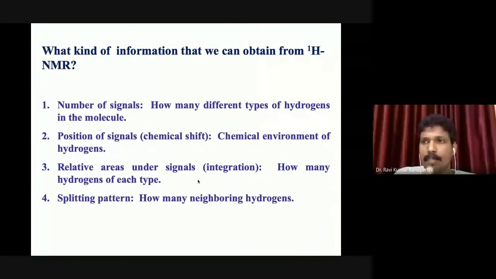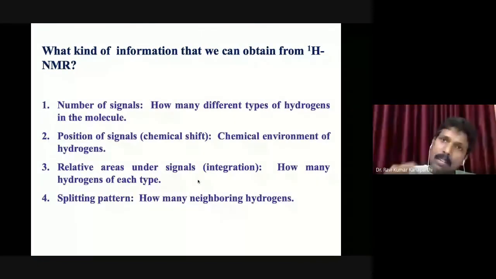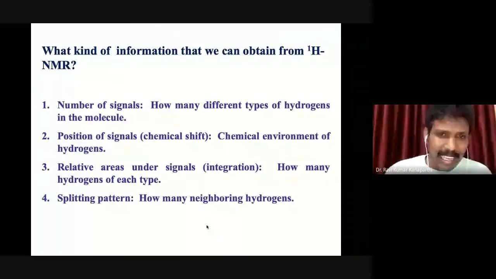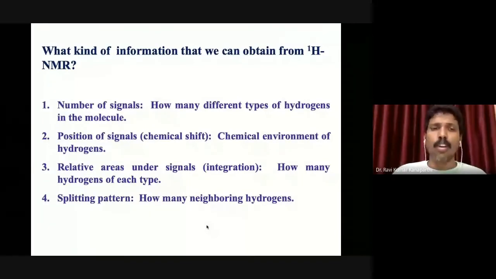Okay, if you have 5 different signals and you try to measure the area under each one, the third point is basically that the area under each NMR peak will give you the number of hydrogens present under that particular peak.